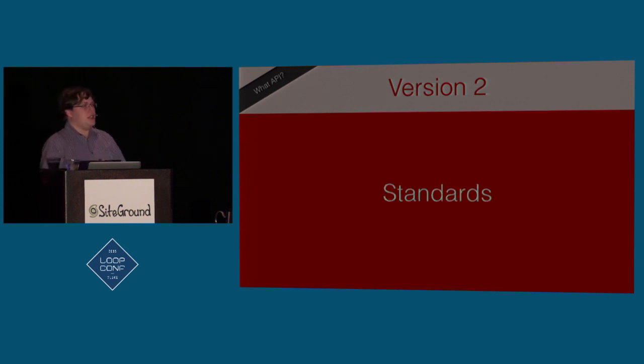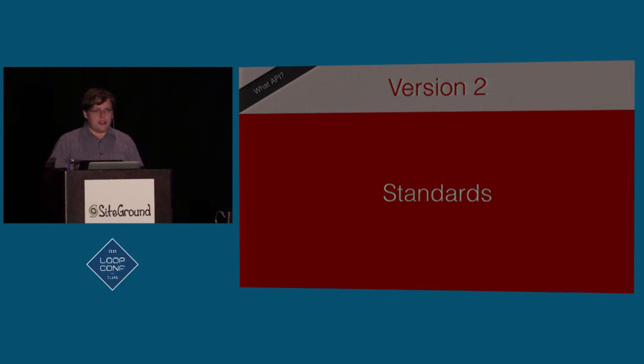The other major change that we made with version 2 was moving everything to a more standardized model. So there's this concept of hypermedia in APIs, where basically you have all of your resources, so things like posts, users, stuff like that, and those link out to other things. So it's similar to hyperlinks in HTML.